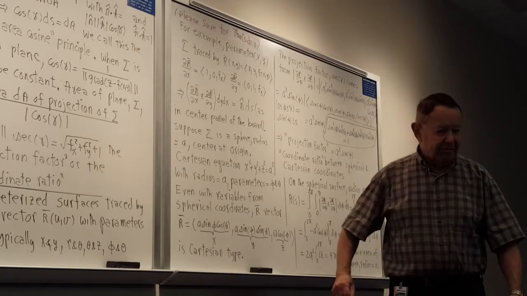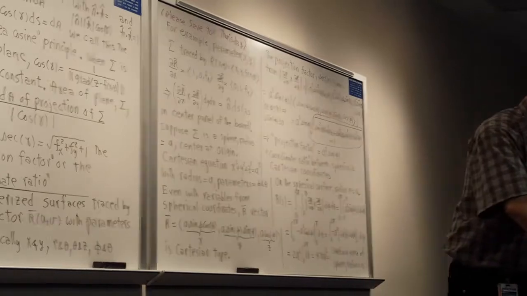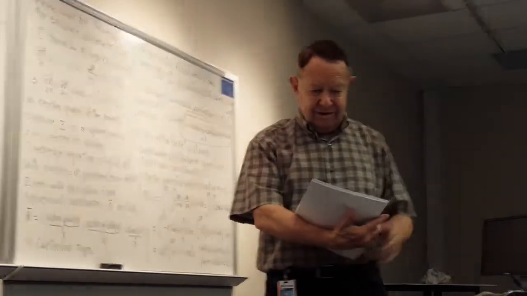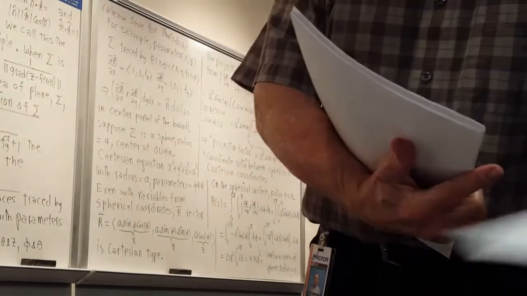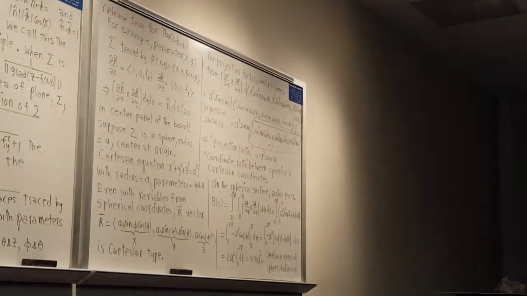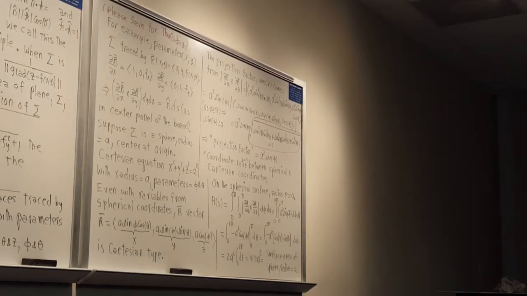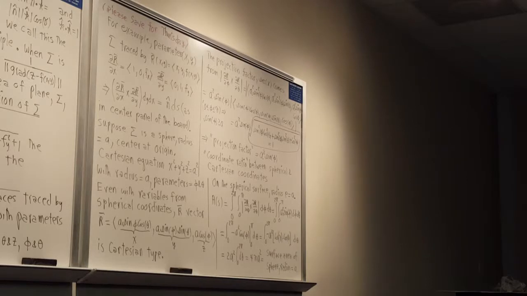So let me remind you about that with this handout. We did this once, and you got this handout once, but like most things, out of sight, out of mind.